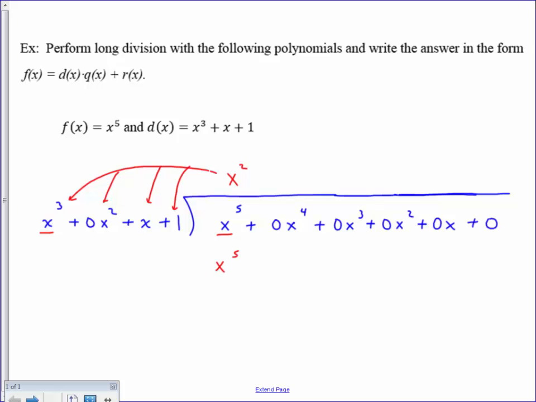X squared times 0x squared is 0x to the fourth. X squared times x is 1x cubed. X squared times 1 is 1x squared. I'll draw a line and then change my signs on this second row.